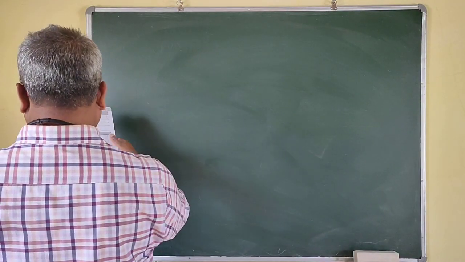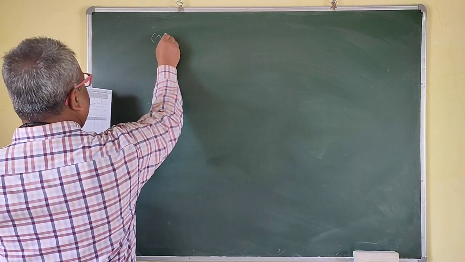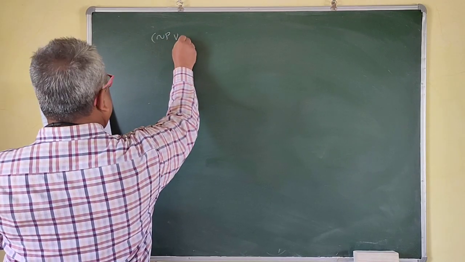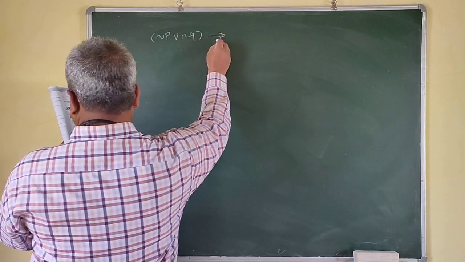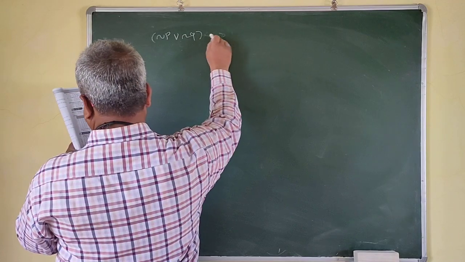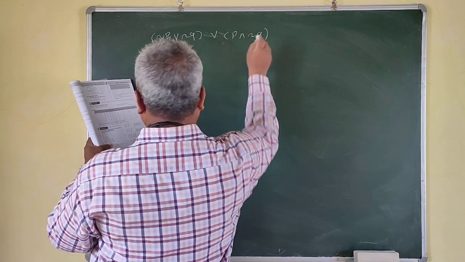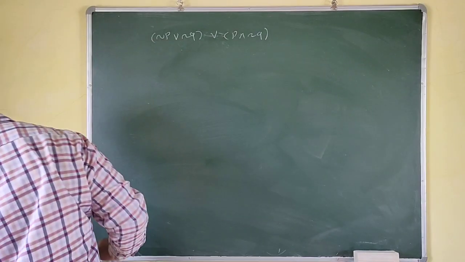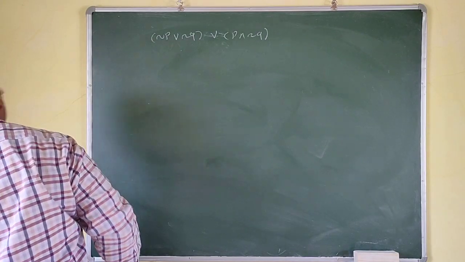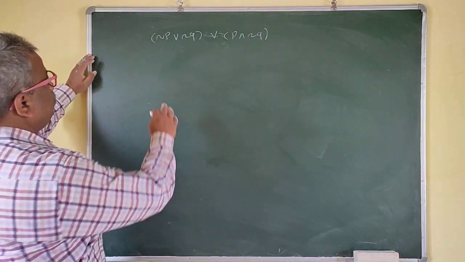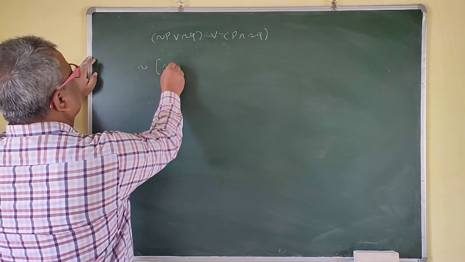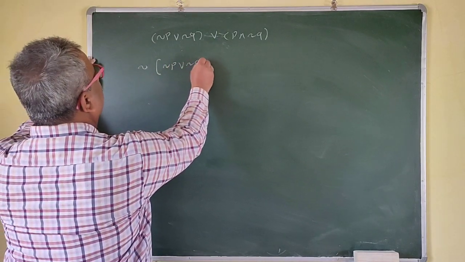We take one more: negation of (P or negation Q) or (P and negation Q). So we have to take the negation of this one. We'll do this one and then we'll stop now.